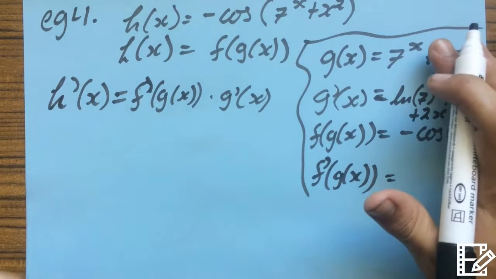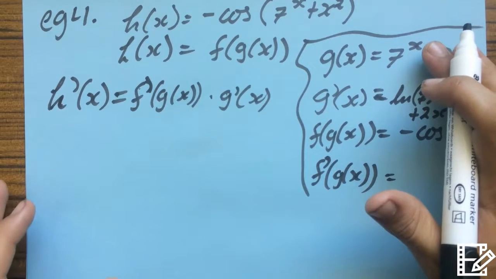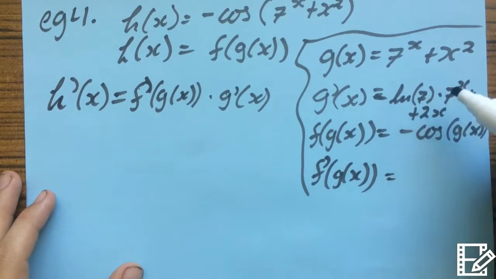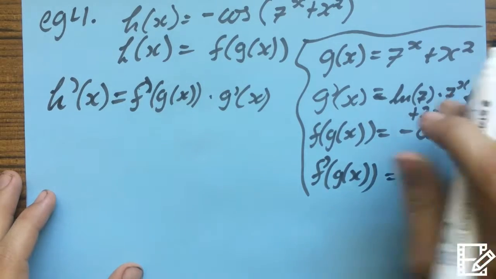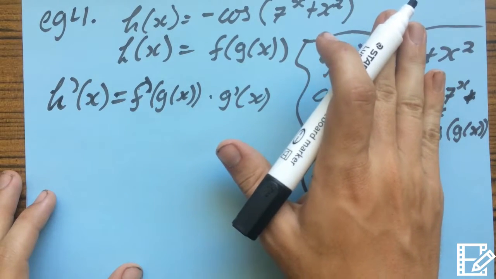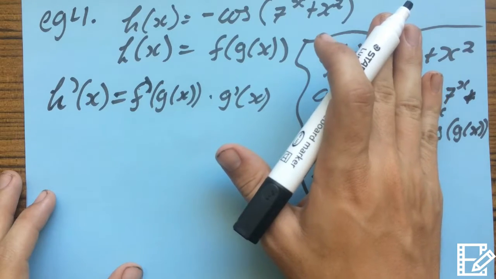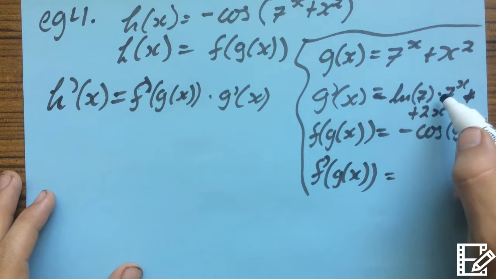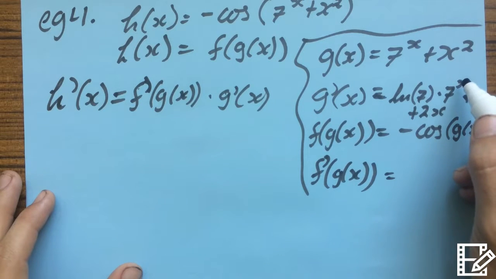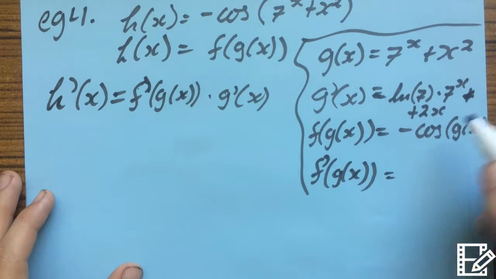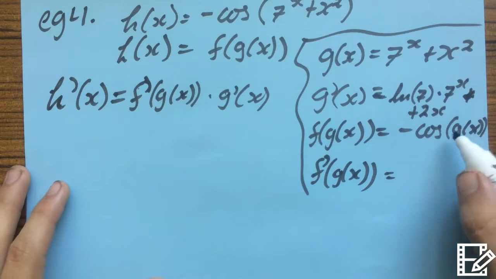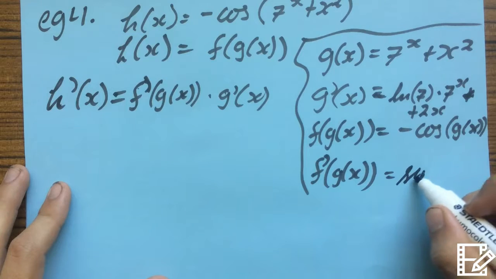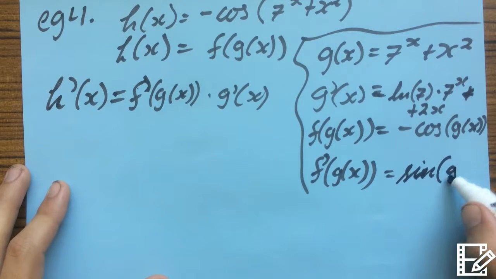What I did was I worked on one side: when you have 7 to the power of x and you derive it, you get ln 7 multiplied by 7 to the power of x, and on this side when you derive x squared you get 2x. So that's what I did. Ln 7 multiplied by 7 to the power of x plus 2x. The derivative of negative cosine is just sine g(x).